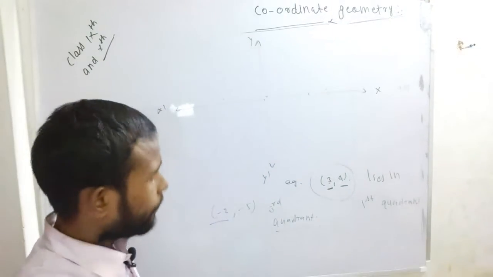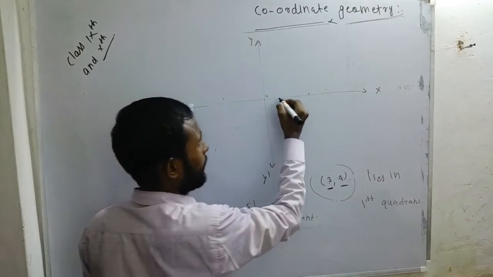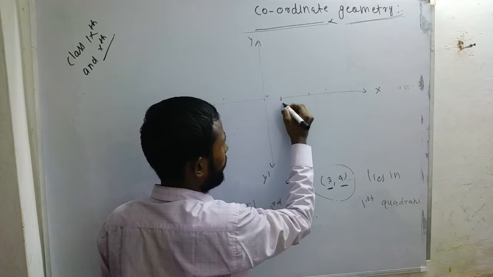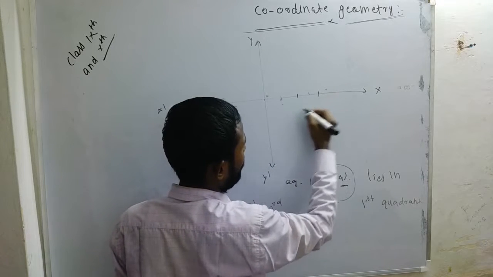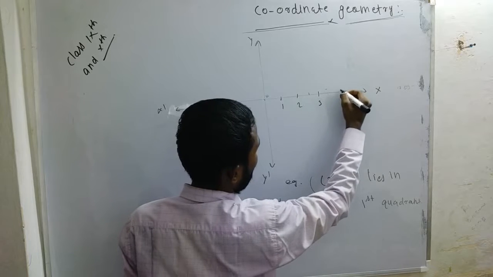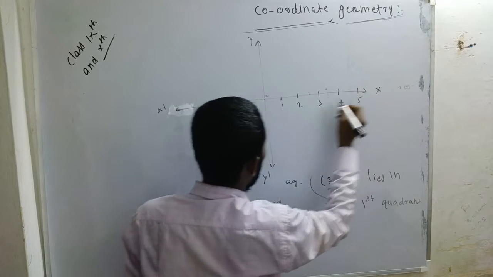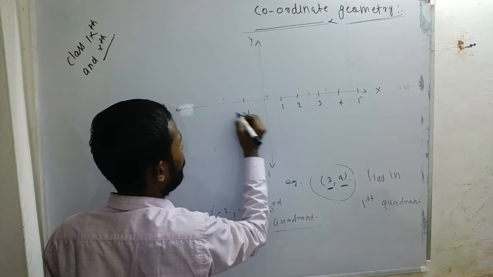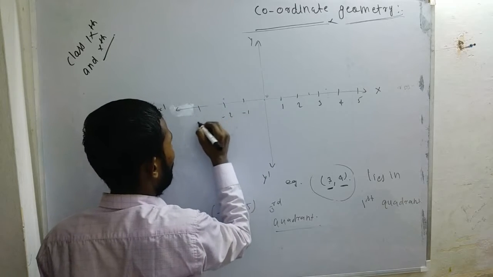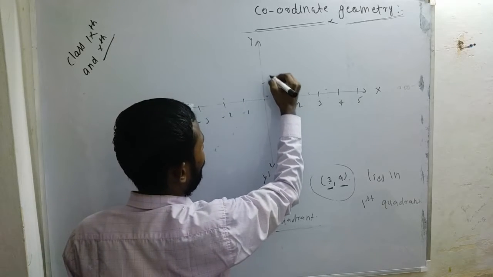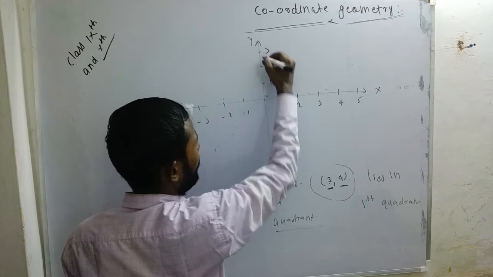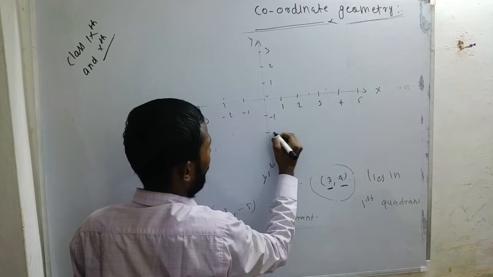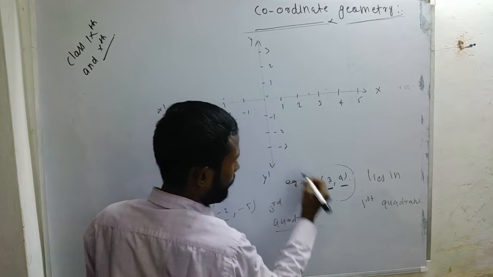Let us take a 1 unit scale from the origin: 1, 2, 3, 4, 5, then -1, -2, -3 in the leftward direction, in the upward direction 1, 2, 3, and in the downward direction -1, -2, -3.